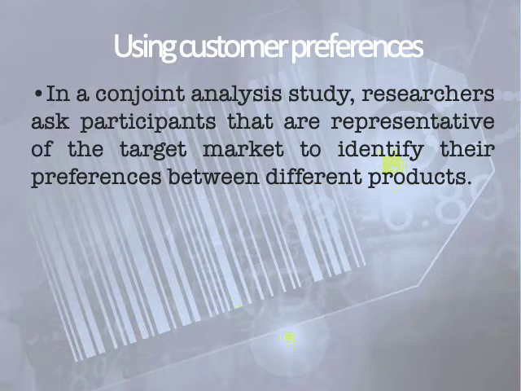Okay, so in a conjoint analysis study, researchers ask participants that are representative of the target market to identify their preference between different products. The products that customers choose between are compilations of specific sets of features, attributes, and benefits.